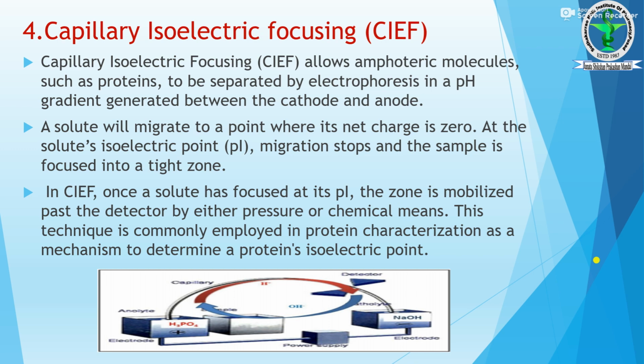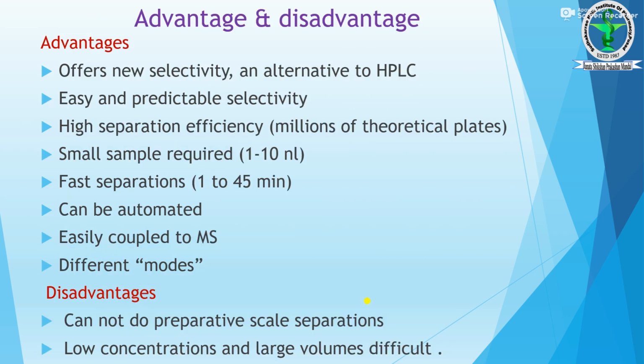If you can see here, this is the detector, and it will pass it, by either pressure or chemical means. This technique is commonly employed in protein characterization as a mechanism to determine the protein isoelectric point. So that is the fourth, isoelectric focusing.